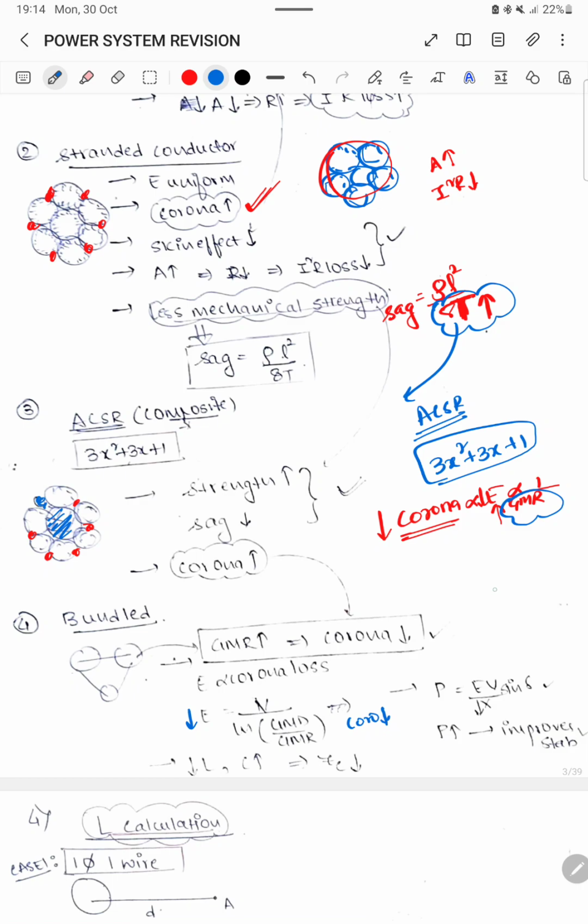Further, since bundling increases GMR, L is increased and C is decreased, so characteristic impedance Zc, that is root of L upon C, is increased. P max is EV upon X, X increased. Oh, I'm extremely sorry about this, I have told it the reverse way.